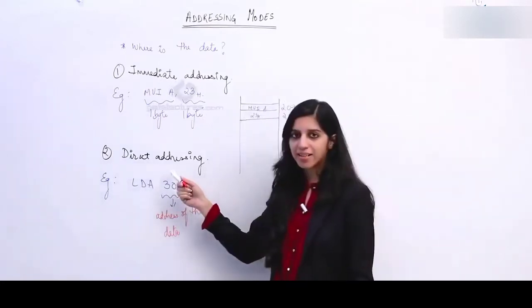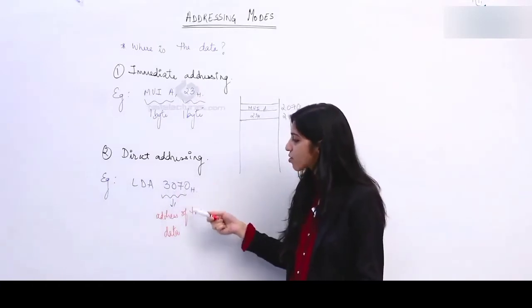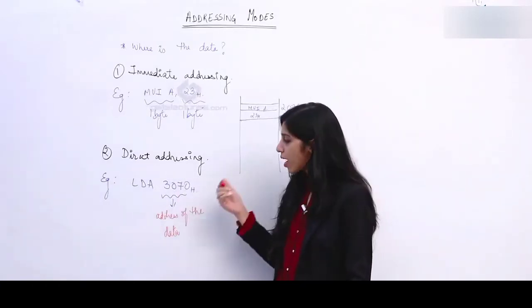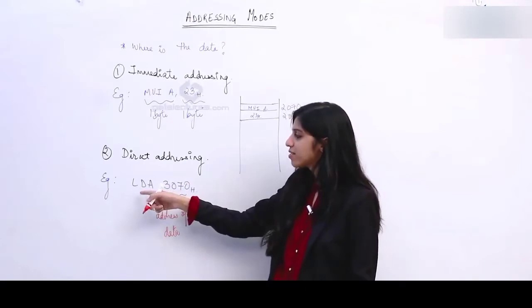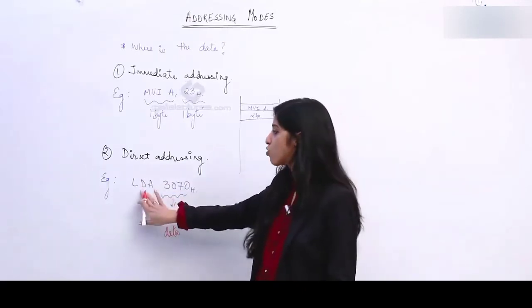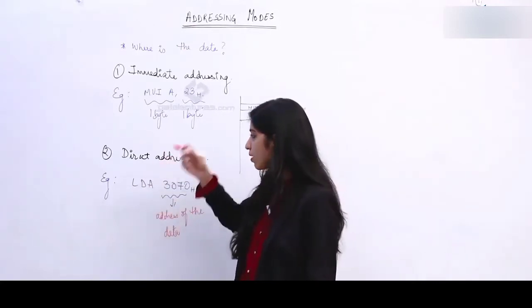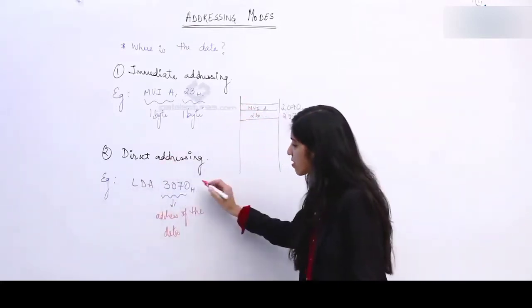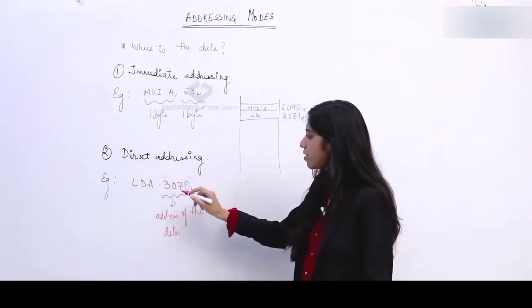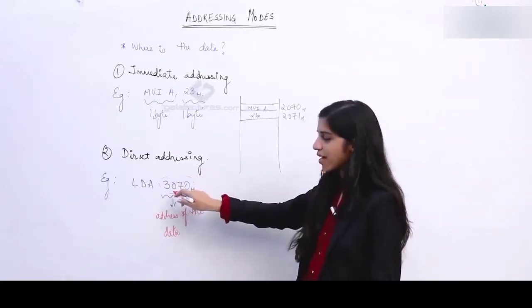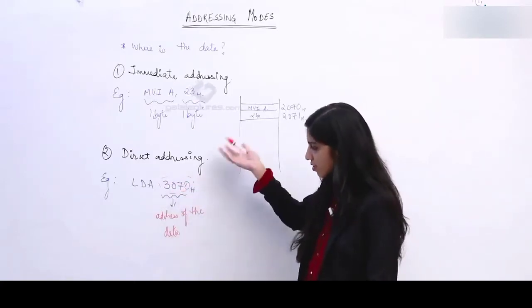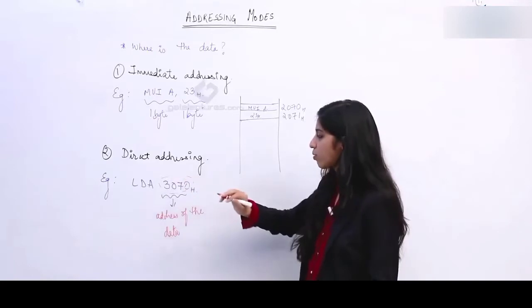So in this addressing mode, we give the address of the data directly. Whenever LDA is decoded, we know that the accumulator has to be loaded, but with what data, where is the data? This is the address of the data. So we go to this address in the memory, extract the data and load the accumulator.